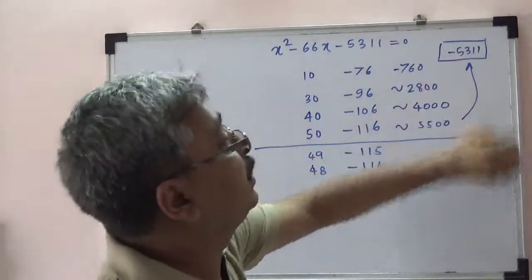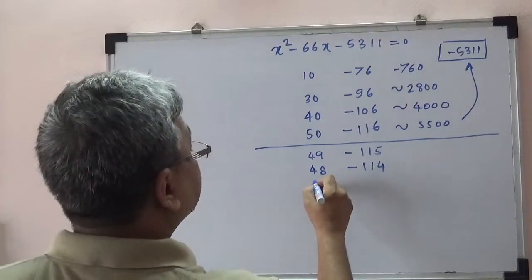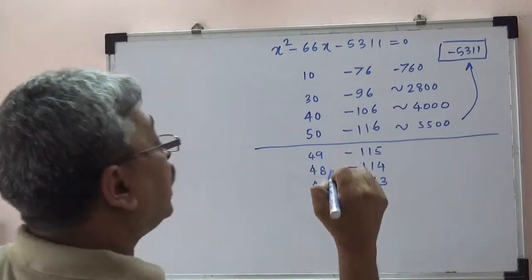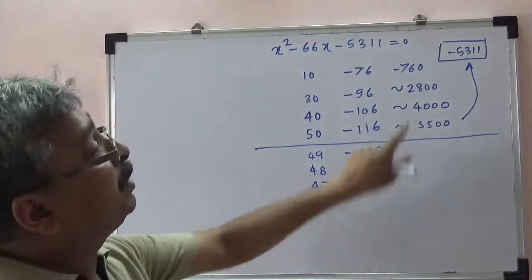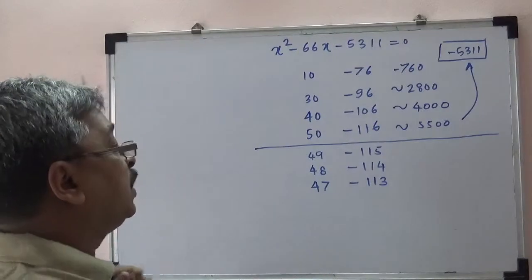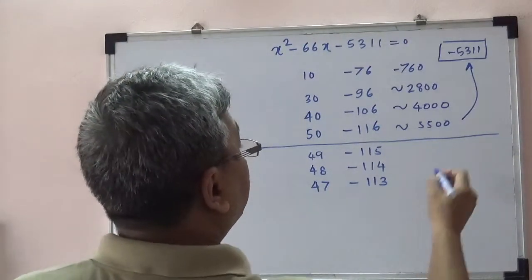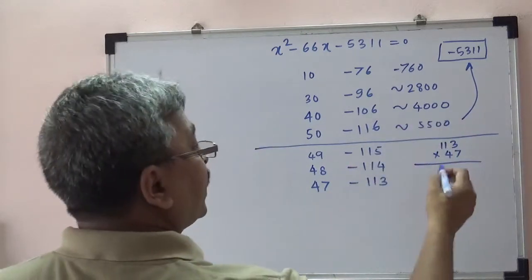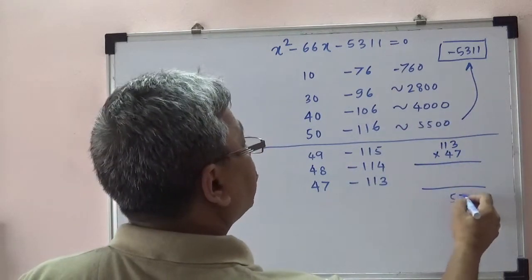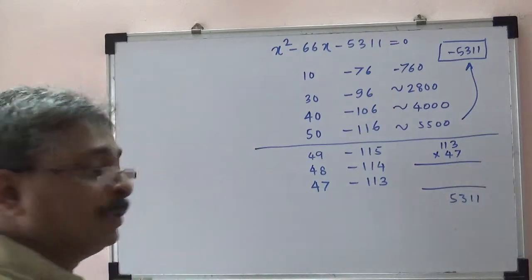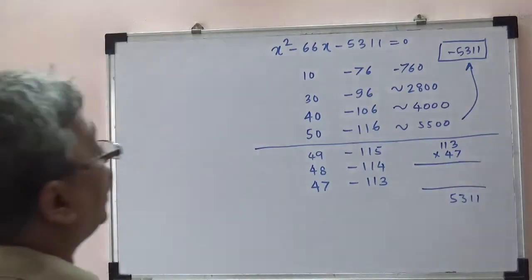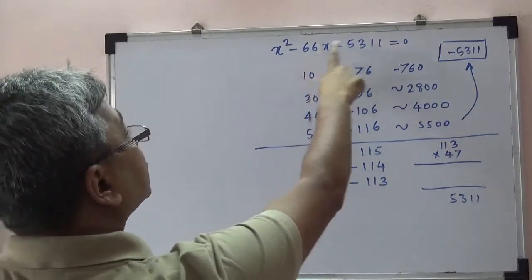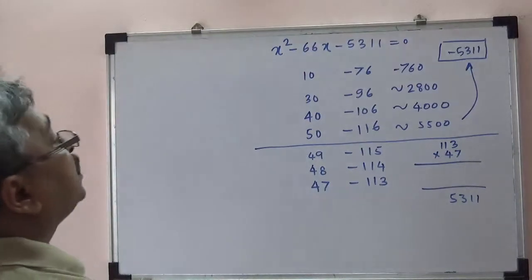Again it is not going to hit because of the unit place, and therefore I would try 47, 113, and now at least the unit place is telling. Therefore I go for complete multiplication, and if I multiply 113 by 47, I get 5311. You can perform this. I know that is the answer. Okay, so I could get two integers whose difference is 66 and product is 5311.